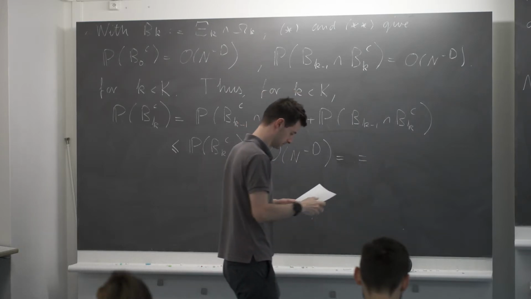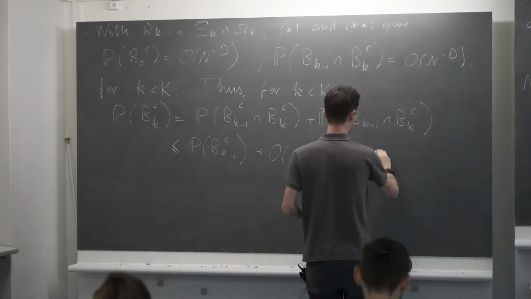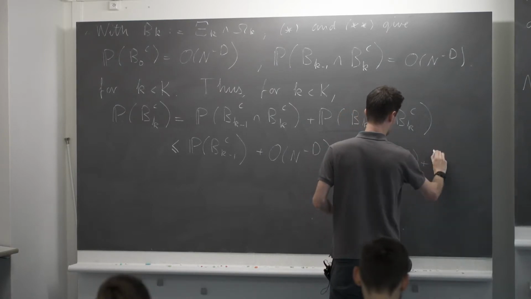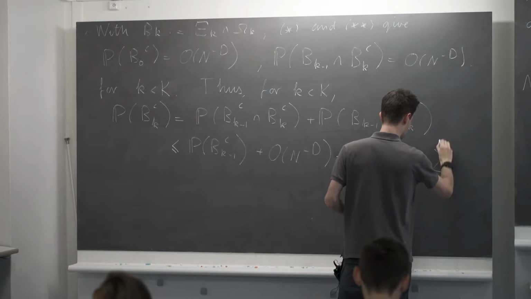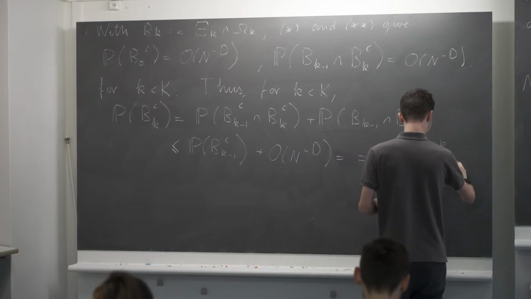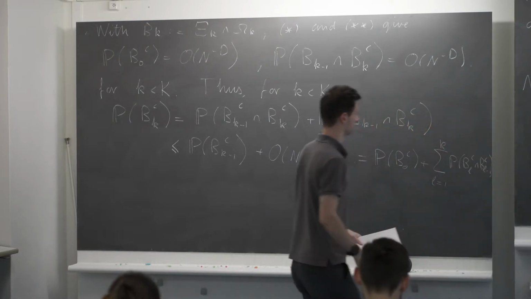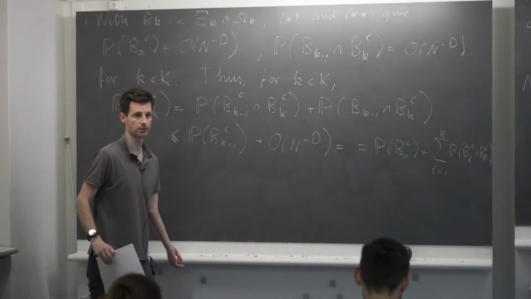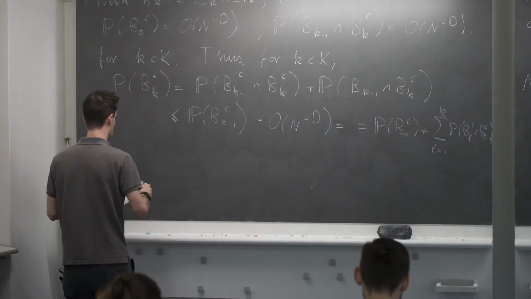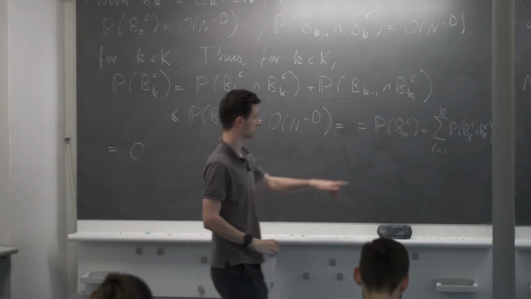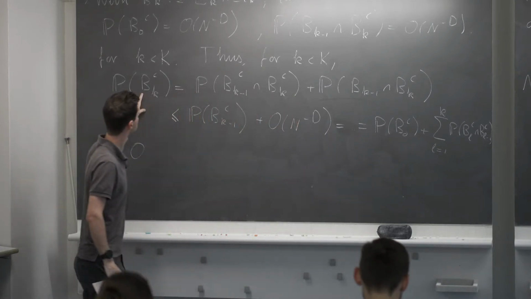And you can repeat this and you get, so you repeat this. It's a telescoping argument for these probabilities and all of this. So every single one of these terms is of order n to the minus d.